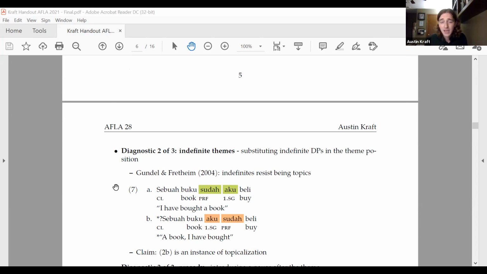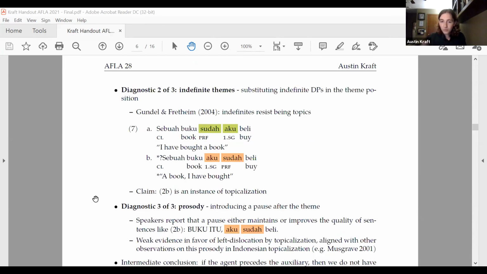Here, however, with that same sensitivity to definiteness in mind, we see that sentences like 7a with canonical object voice word ordering hold up with indefinite themes, whereas we see a significant degradation without the canonical object voice word ordering, again suggesting that when we have agents before the auxiliary, we do not have object voice, but rather a topicalization of an underlyingly active construction.